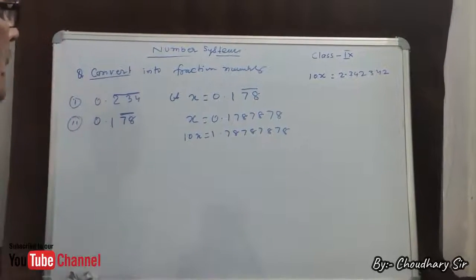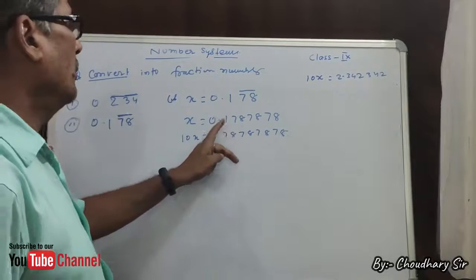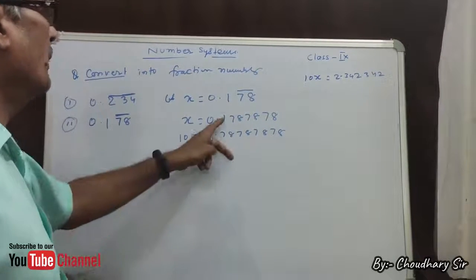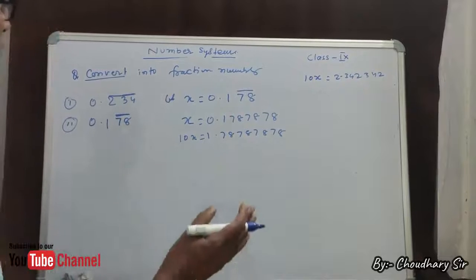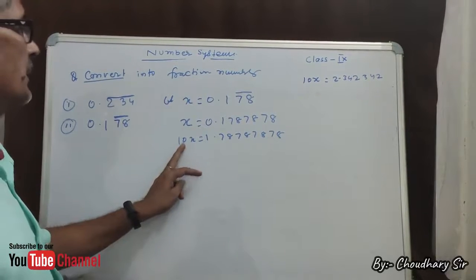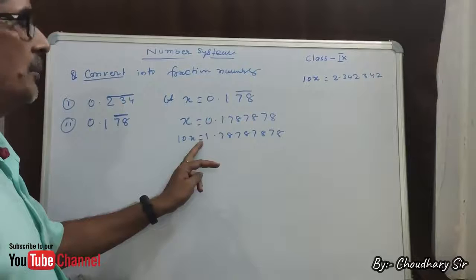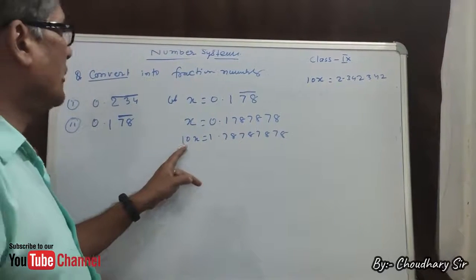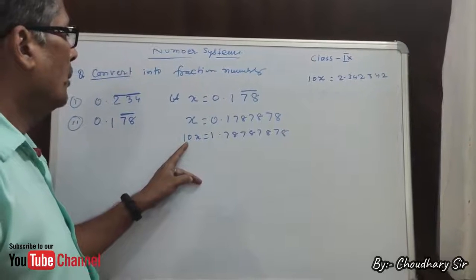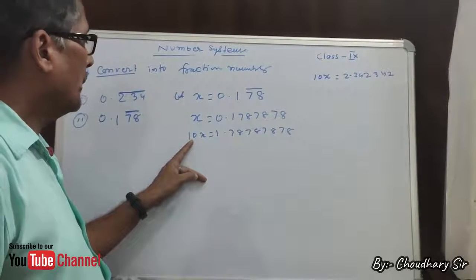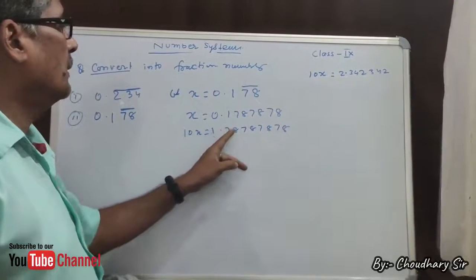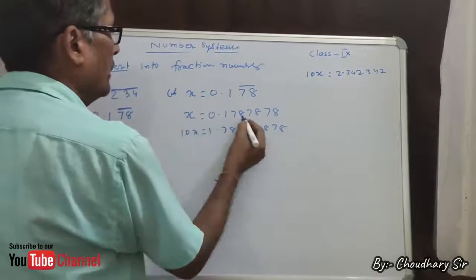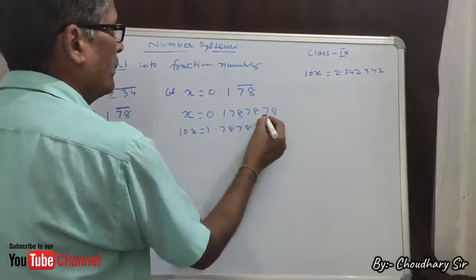No, not the same. 1 7 8 7 8 7 8 repeats, but 1 is not repeating. So we first multiply by 10, so the non-repeating part comes before the decimal. Now we multiply by 1000, so 7, 8 comes after the decimal.